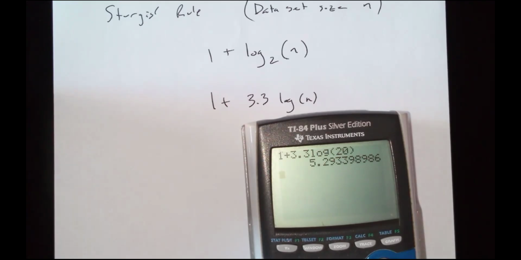I should either have 5 bins or 6 bins, right? I don't want to use 5.3 bins. I need a whole number of bins. So it should be either 5 or 6.